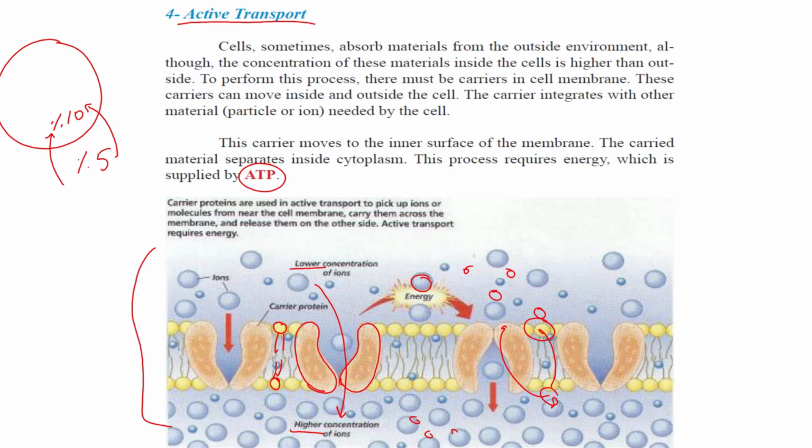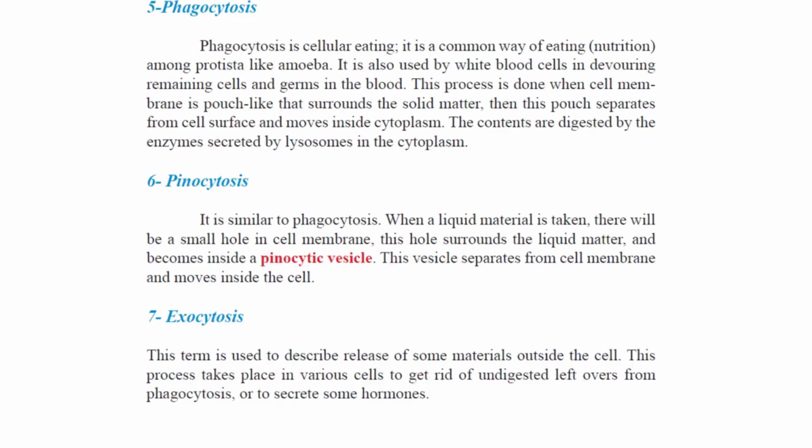In diffusion, the carrier proteins in the plasma membrane are not active, but in active transport, these carriers are active, integrate or carry materials or ions from outside to inside or from inside to outside. There are three main differences between active transport and diffusion.